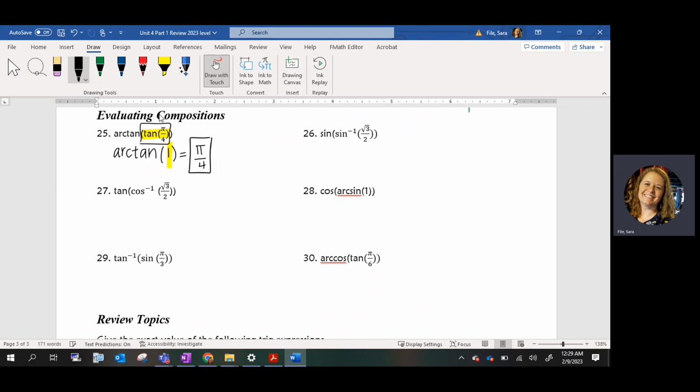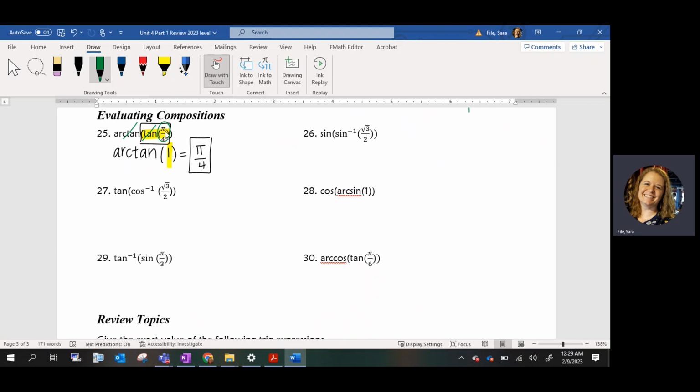So sometimes when you do these compositions, if it's something like arctan and tan, or arcsine and sine, or arccosine and cosine, sometimes these get to just cancel each other out. They're opposite operations, and you're left with that input is your output. That's not always the case.